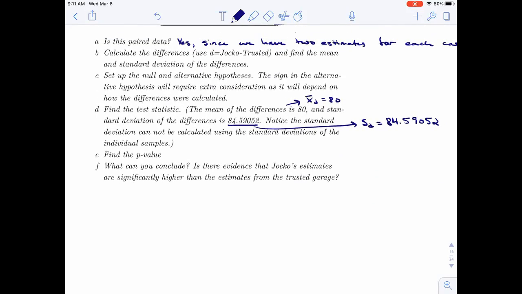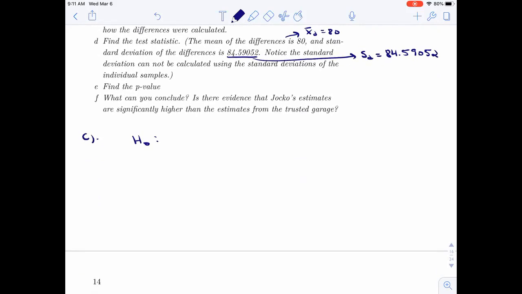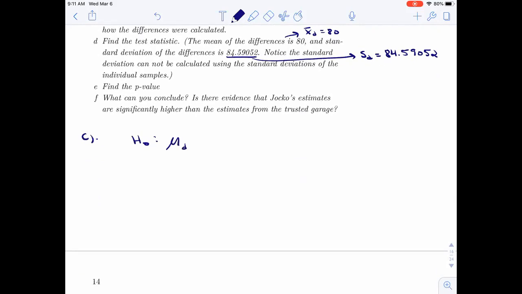I guess I'll start part C here. Your null hypothesis, we've already decided that this is paired data, so we already know that our null hypothesis is that mu D equals 0.